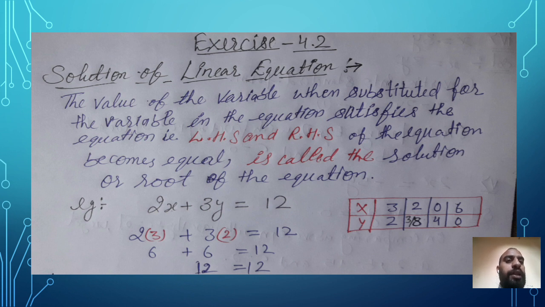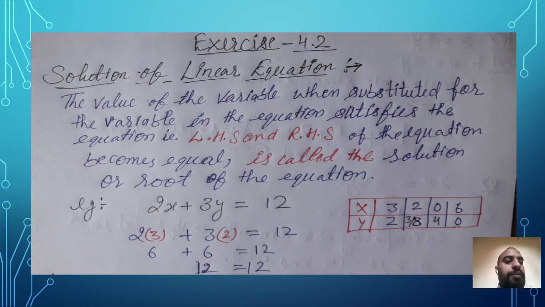So solution of the linear equation, or we can say the value of the variable when substituted for the variable in an equation, satisfies the equation. In simple language, if you are interested to tell this answer, that means left hand side value must be equals to right hand side value. For that you need to substitute the value of x and y.